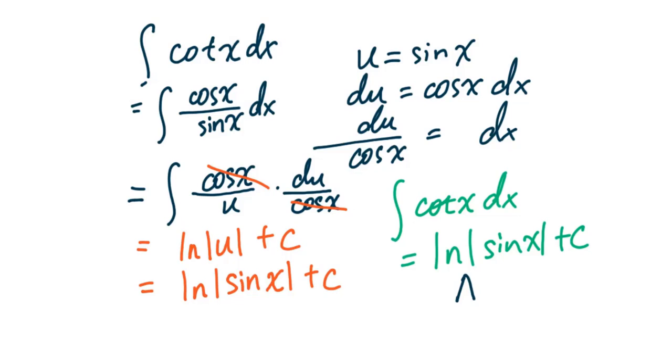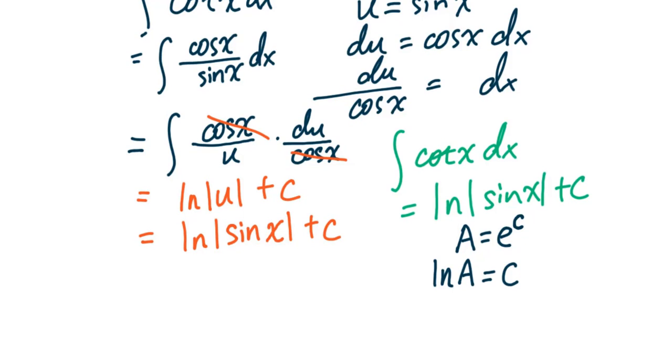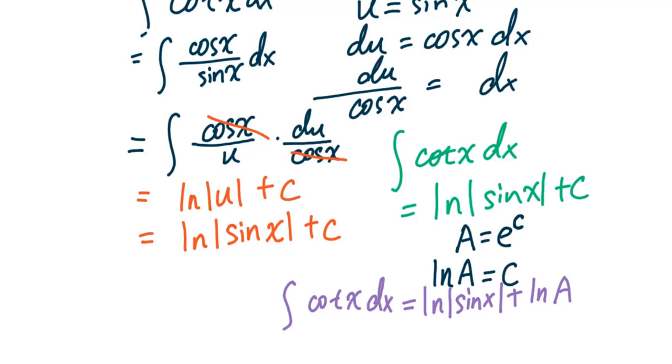Let's make a equals e to the c power. Therefore, c equals natural log of a. So that I can write down integral cotangent x dx equals natural log of absolute value sine x plus natural log of a. Then I condense. You will get the natural log a times absolute value sine x.